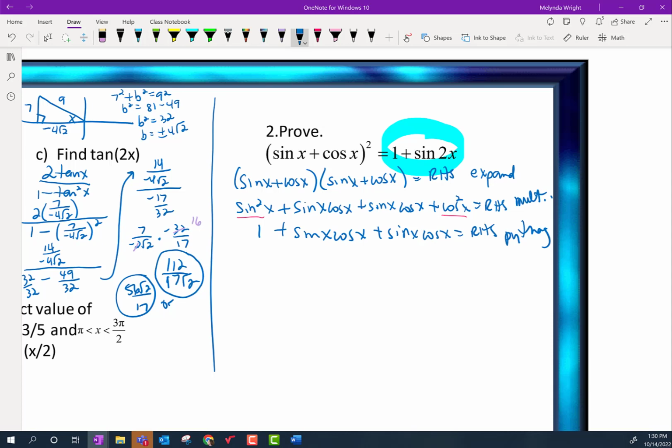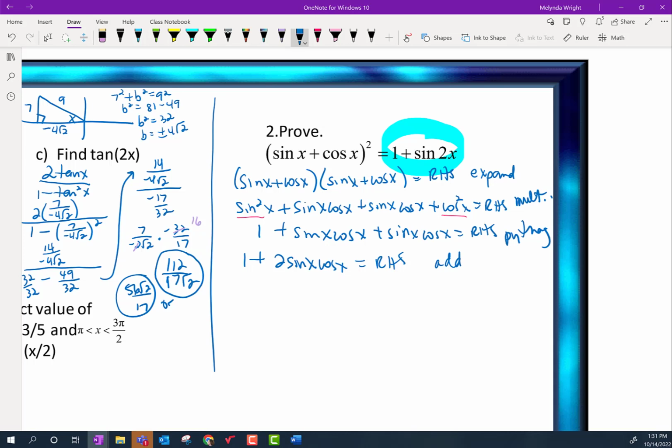Okay? All right, keeping the goal in mind, I've got a 1. Yay, I needed a 1. Do we see anything we can do there on that left-hand side? Anything jump out at you? Combine like terms jumps out. So let's do that. I have 1 sine cosine plus 1 sine cosine, which would be 2 sine cosines. So we just added. You can say add, you can say combine like terms if you want to. 2 sine cosine, isn't that something that we just talked about?